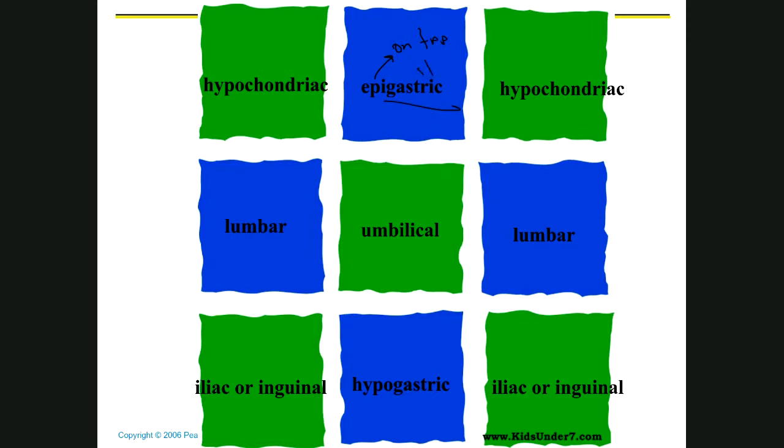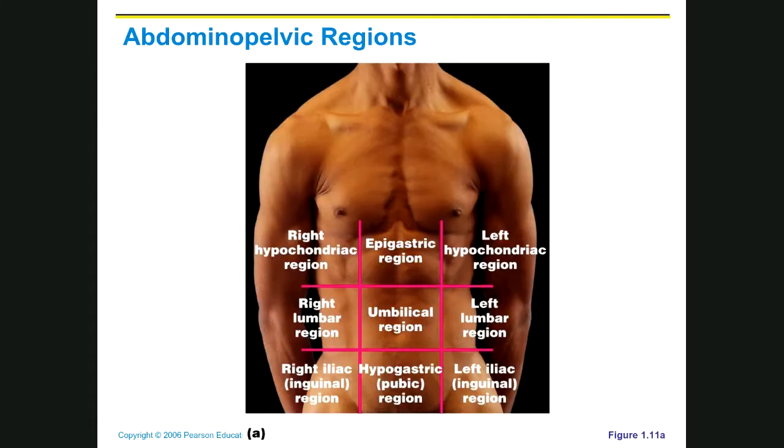Hypo means beneath or below, and chondro means cartilage. Here are the lumbar sections of the back. Here's iliac, which means hips, and hypogastric, below the stomach. And when we do that, this is what we're going to see.